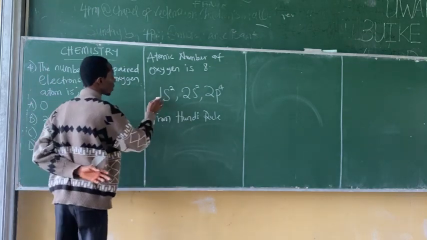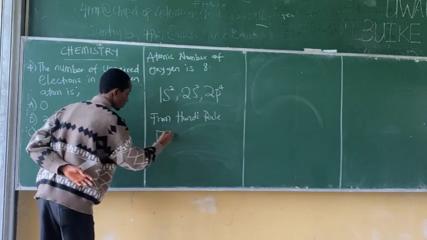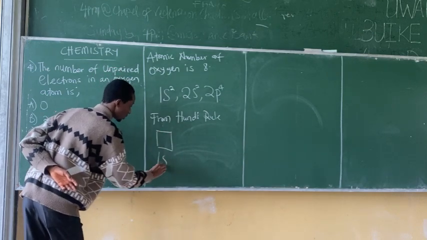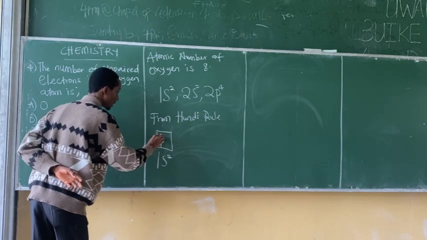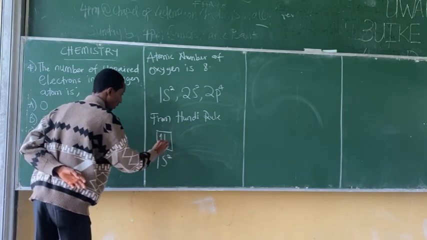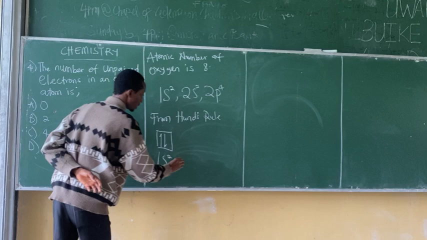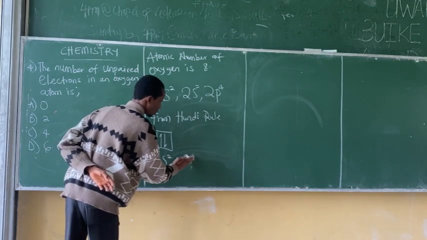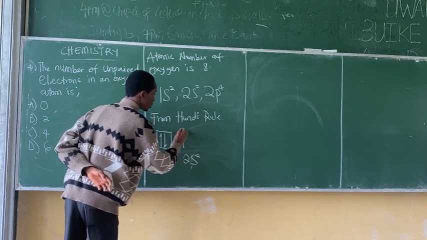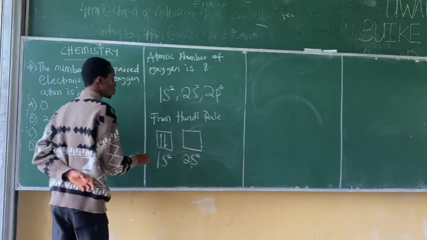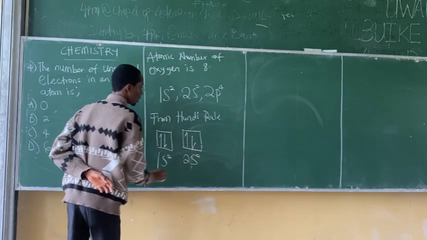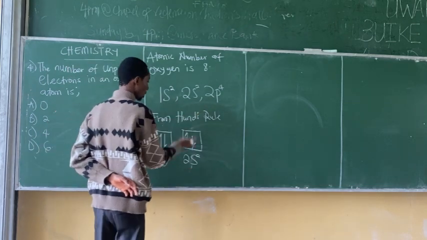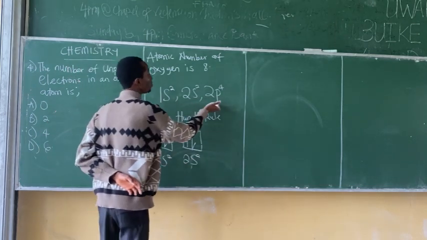By that we mean for 1s2, in this particular orbit, you fill it singly first before you pair. For the next one, which is 2s2, we need to do what? We fill it singly before we pair. Now, we are done with the s orbital. We move to the p orbital.